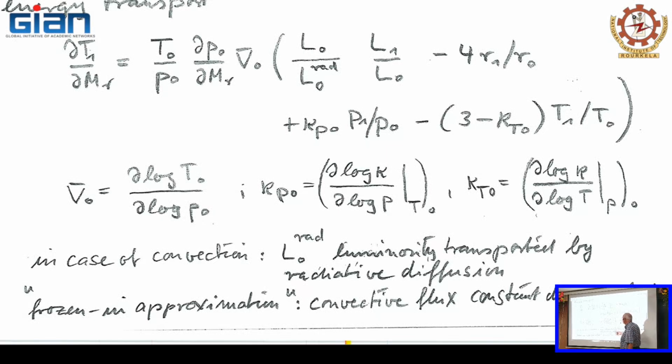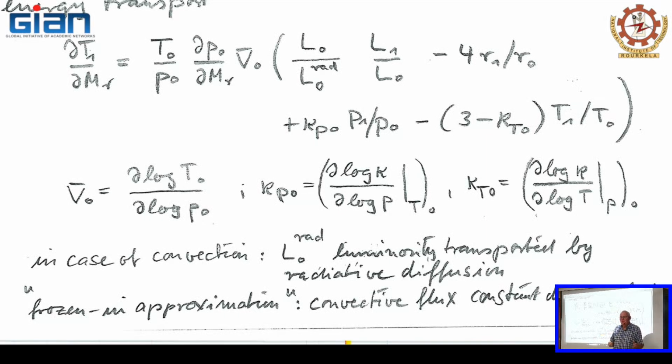So you get the ratio of the total luminosity, including both the radiative diffusive luminosity plus the convective luminosity, and the radiative luminosity in the stationary model.